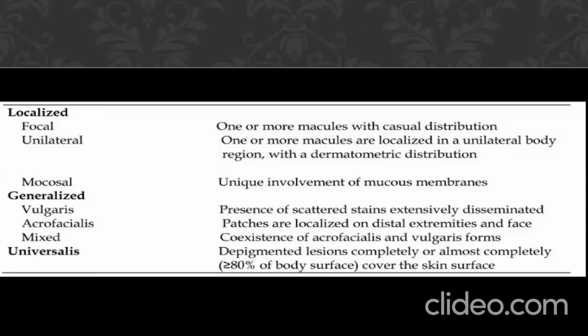And mixed is coexistence of acrofacialis plus vulgaris. And in universalis, depigmented lesions completely or almost completely cover the skin surface. That is more than 80% of body surface is involved.